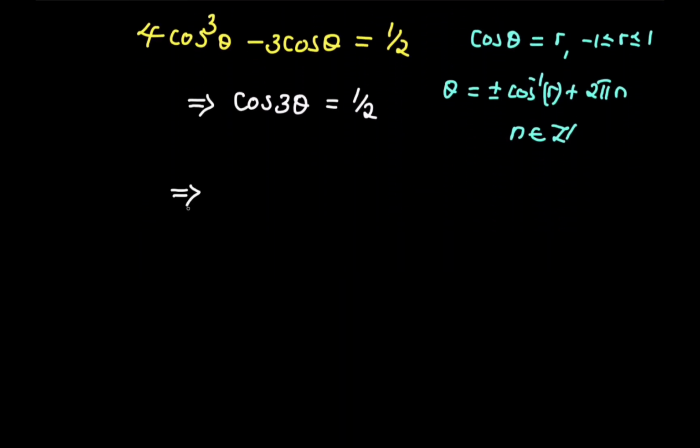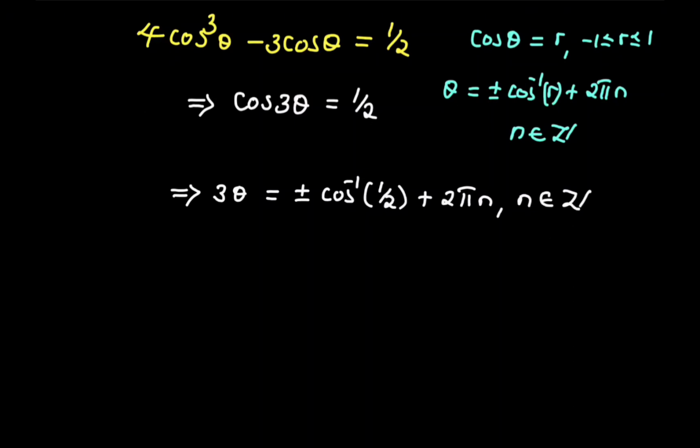So this implies that 3 theta is equal to plus or minus cos inverse of a half plus 2 pi n, where n is an integer. And this is equal to plus or minus pi/3, that is 60 degrees in radians, plus 2 pi n.